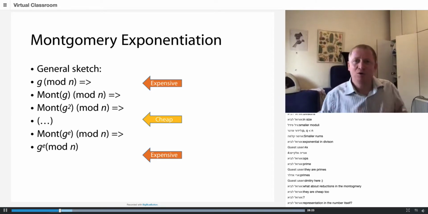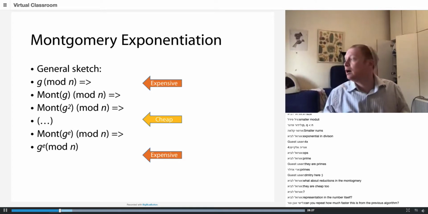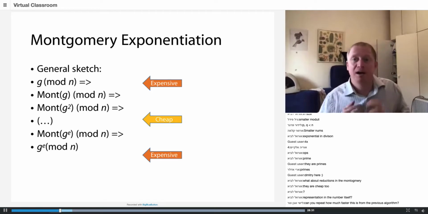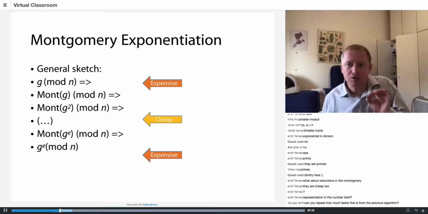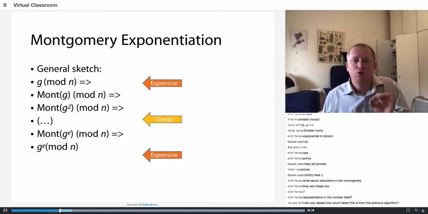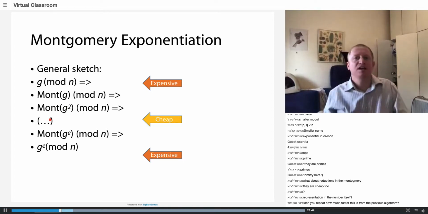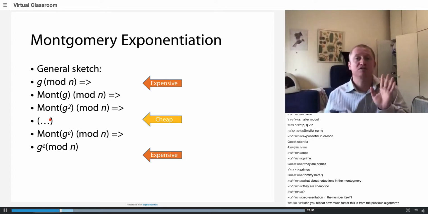Right. So now I want to show you the Montgomery reduction. I won't be giving any proofs. I will be skipping some stuff, but you can read the Hacker's Delight. Why is this faster? It's faster because each one of these multiplications in the Montgomery representation is nearly as fast as a regular multiplication over the integers.